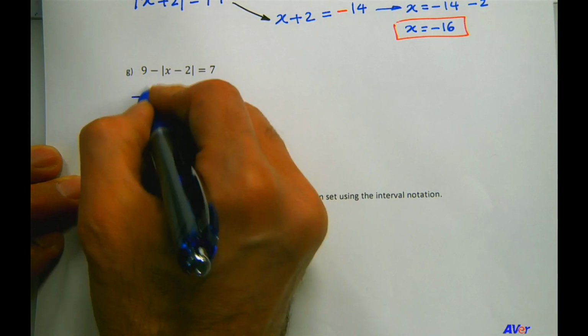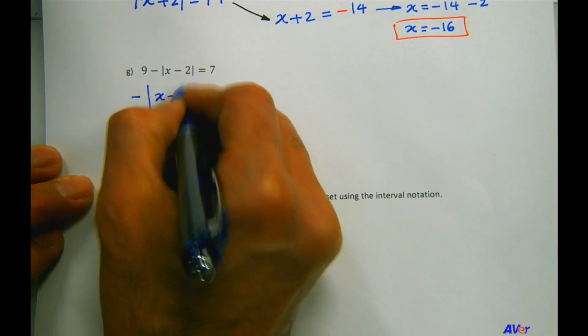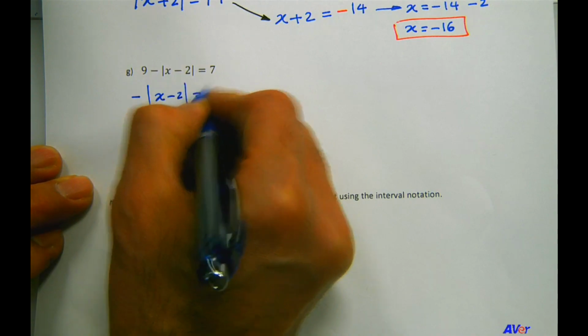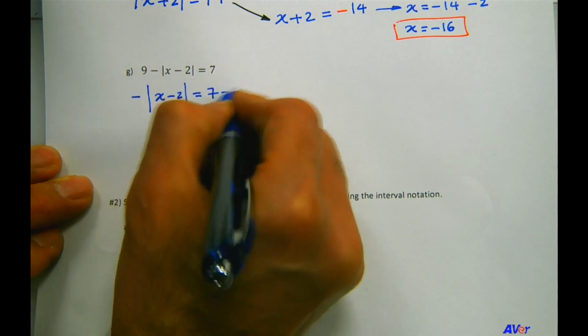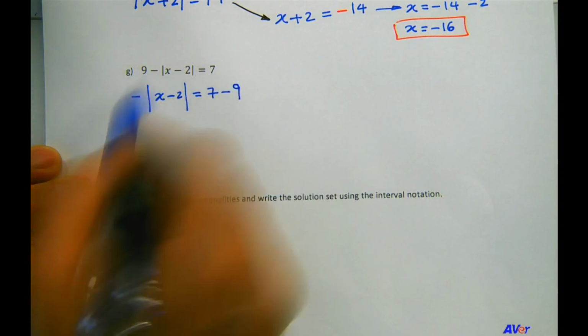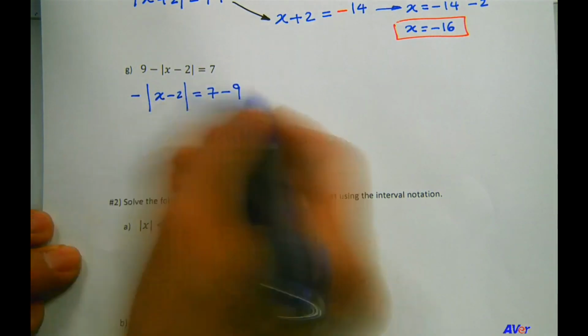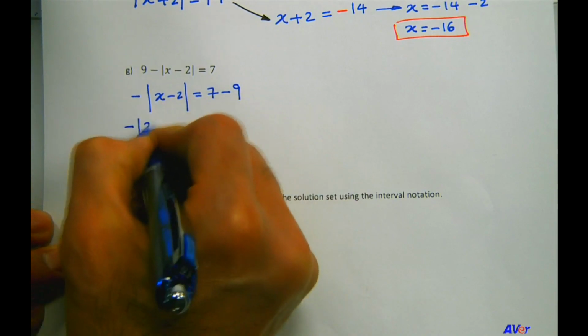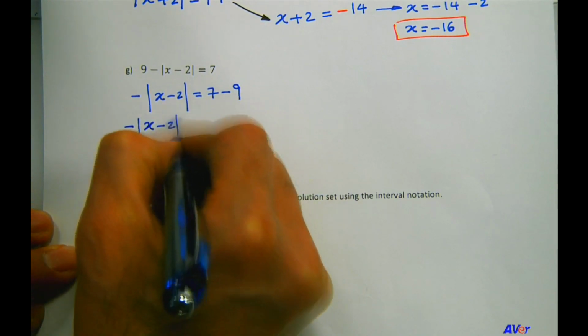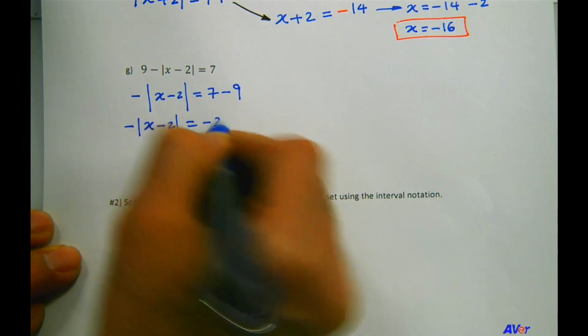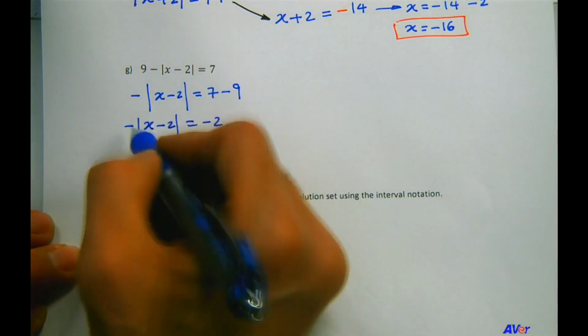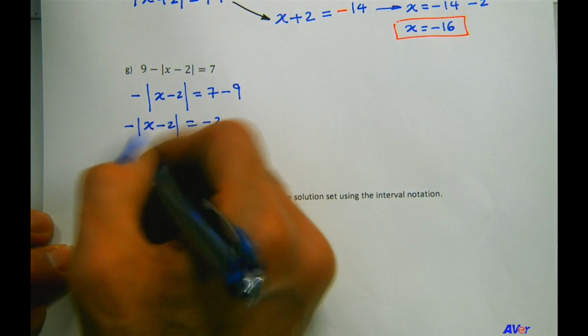So minus absolute value of x minus 2 equals 7 minus 9, right? What I did was move the 9 to the other side. Now it's a little bit better. Let's simplify. Minus absolute value of x minus 2 equals minus 2 on the other side. So now we have minus and minus on both sides. We can cancel them.